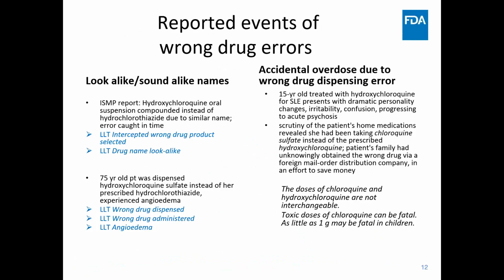And the circumstances were that due to the pandemic, the family was experiencing financial issues and trying to save money. They went to a foreign mail order distribution company to procure their hydroxychloroquine and were not aware that what they actually received was chloroquine. So the doses of the two are not interchangeable, and chloroquine is more toxic.